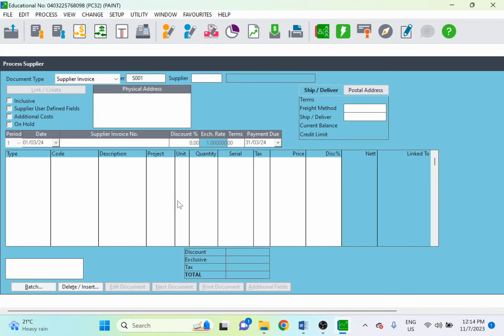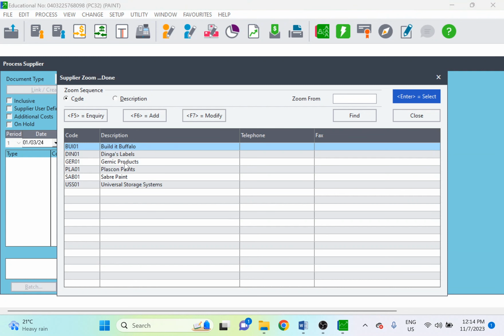Process suppliers, make sure that your document type is supply invoice. Inclusive, it has to be unmarked. We are only dealing with exclusive when we do supply invoices. Invoice number, it has to be S001, and then supplier, we're going to select Genic products.